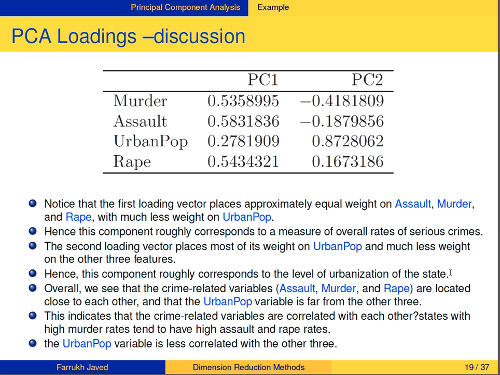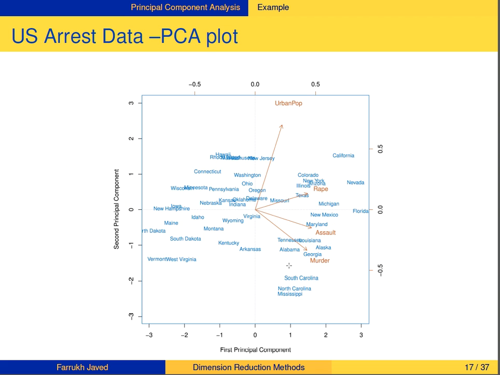So instead of four variables, now I have two variables, and they have clear definitions. We see that the crime-related variables, assault, murder, and rape, are located close to each other. If you look back again here, they are close to each other, while urban population is up here, a bit further away.